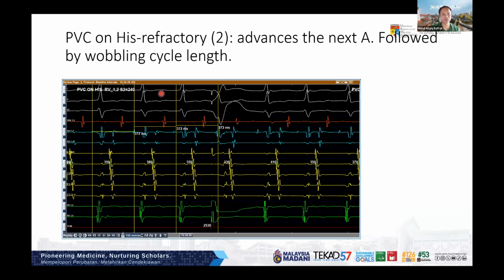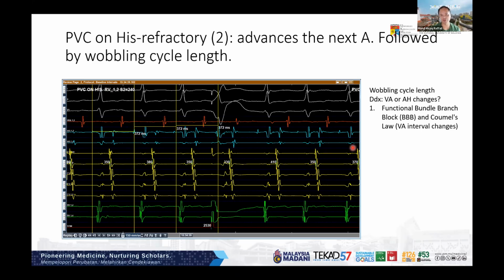But bear in mind, the cycle length was a bit wobbly: from 350 it became 380, 350, 330, and then a sort of jump here, from about 330 to 410, and then 350. So the cycle length is a bit wobbly. Thinking about typical AVRT, this sort of confounds the diagnosis. So we did another PVC on his refractory period.